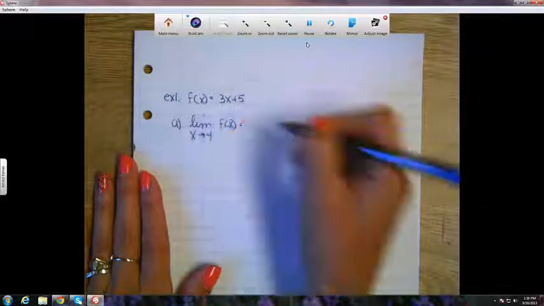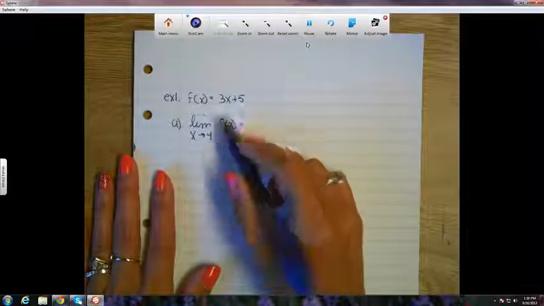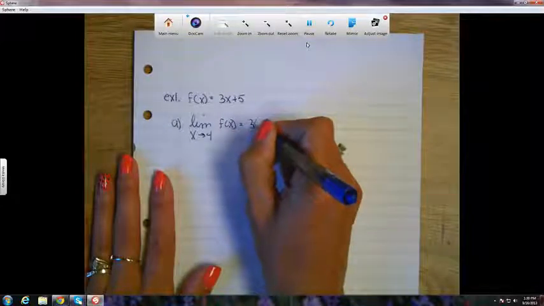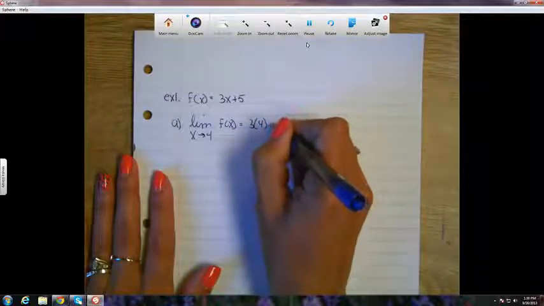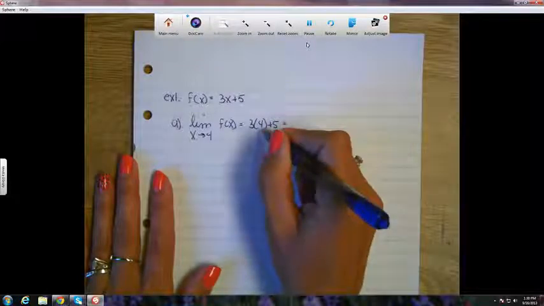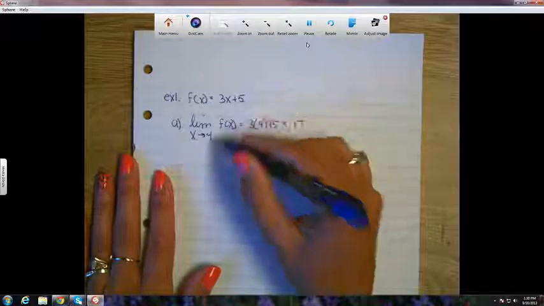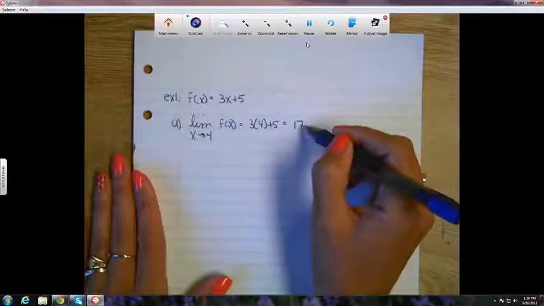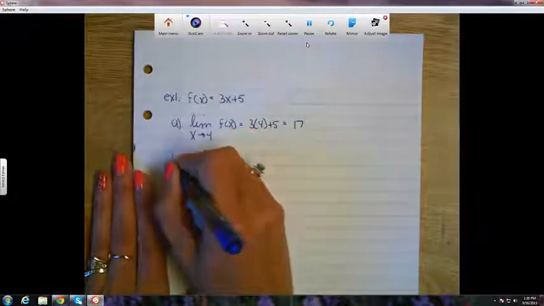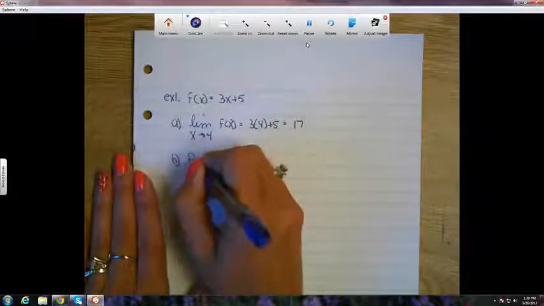Remember, limit's a y value. All I have to do is plug the 4 in here. 3 times 4 plus 5, I've got 12, 17. We could have looked at the graph or the table, but it's easy enough just to plug in. There's my limit. Now, here's the tough part of today. Prove that limit.